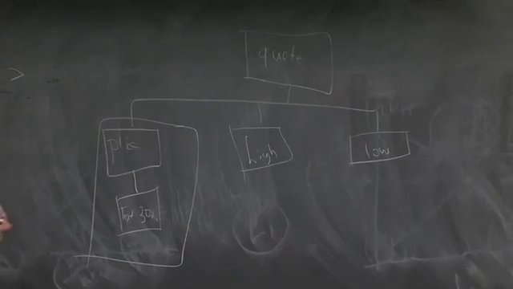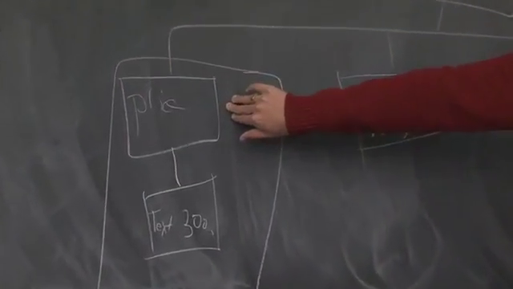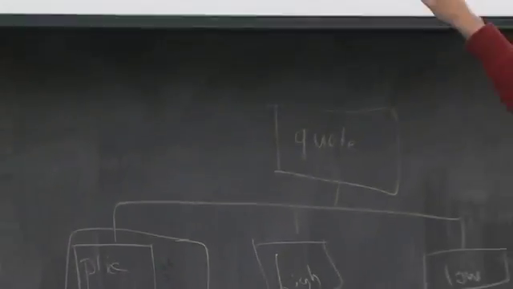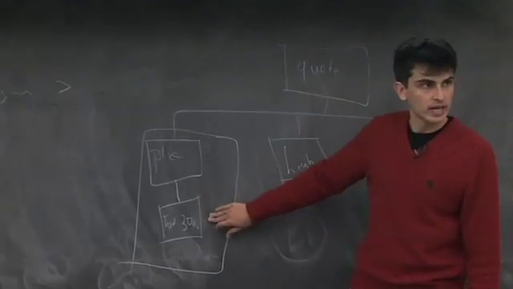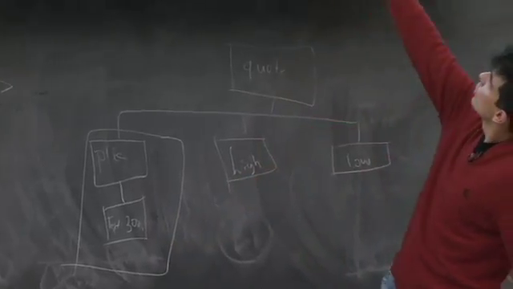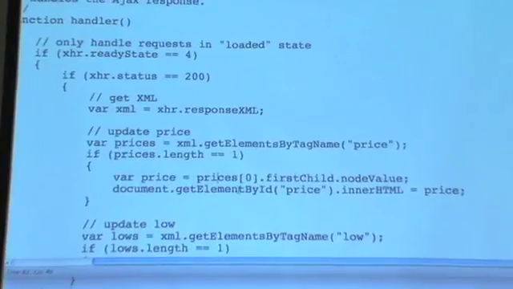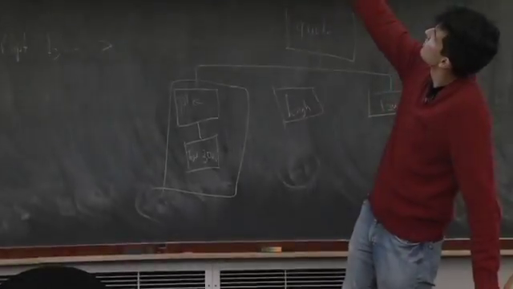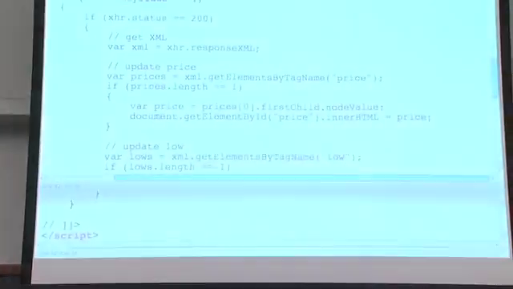Now, there's only one price element in it, so we're getting that object, the 0th item in this prices array. We're getting the first child of it, and we're getting the text value, or rather the node value, that's associated with that object here. So this is returning to us the 300 something, and we can then insert that data using the inner HTML that references that one element ID.